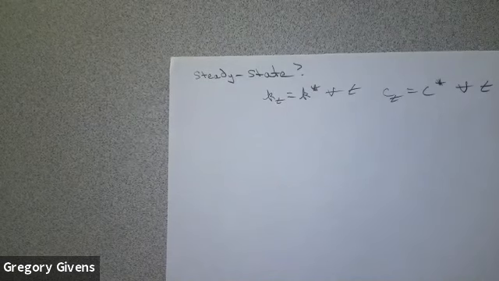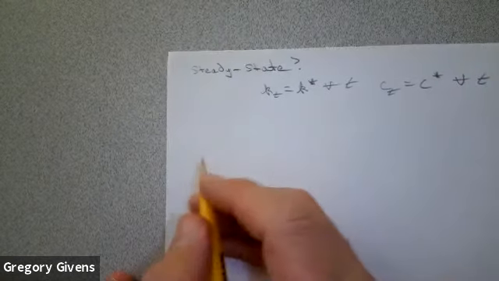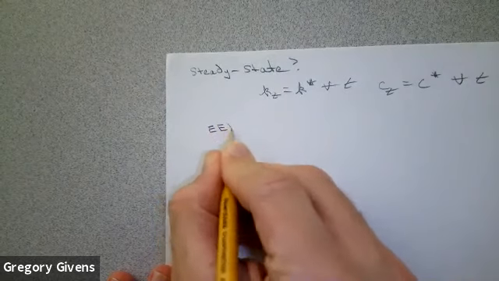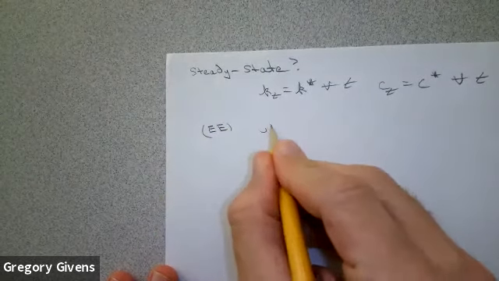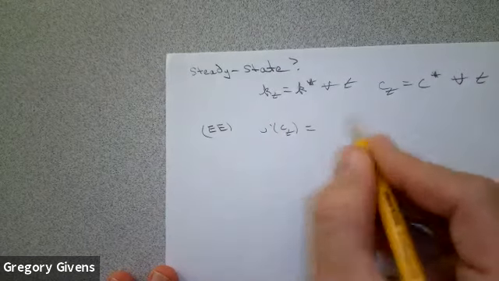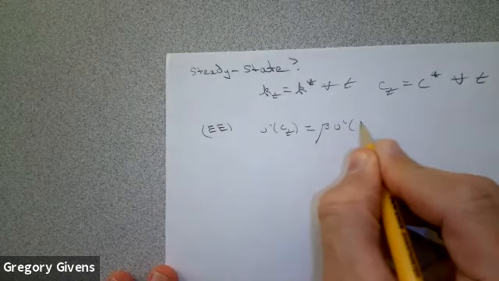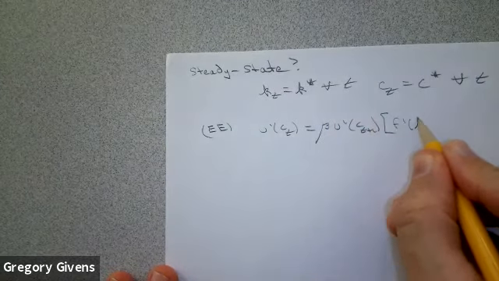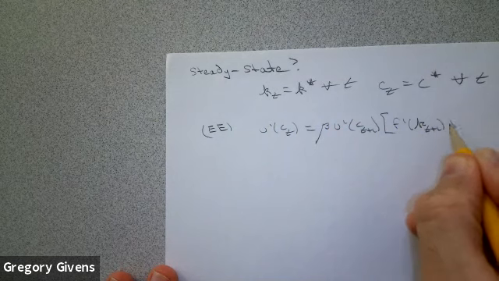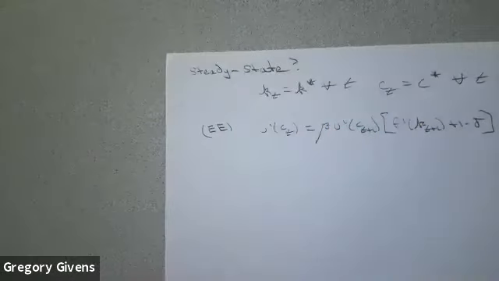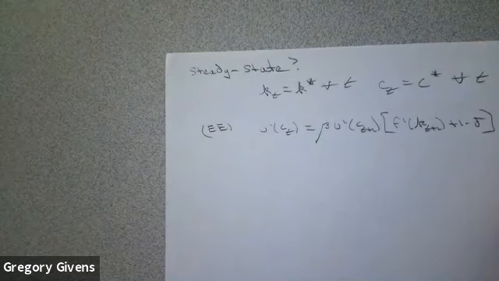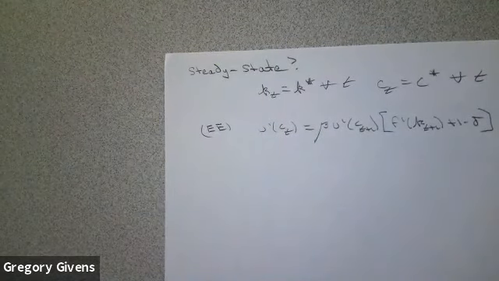What are the two key equations in your statement of an equilibrium? One is the Euler equation: u'(c_t) = beta u'(c_{t+1}) times (f'(k_{t+1}) + 1 - delta). That Euler equation must be satisfied for all t, including in the steady state.